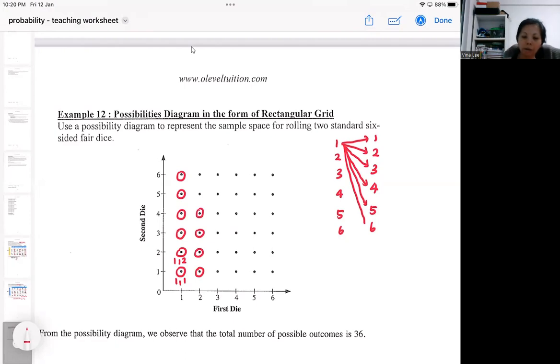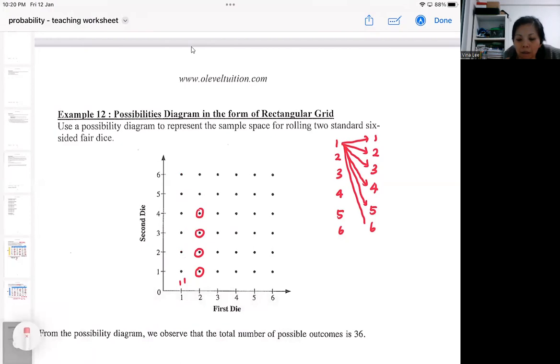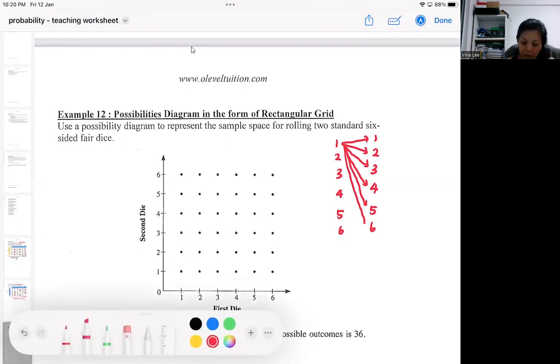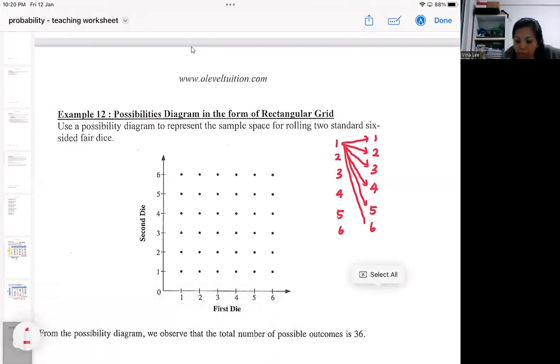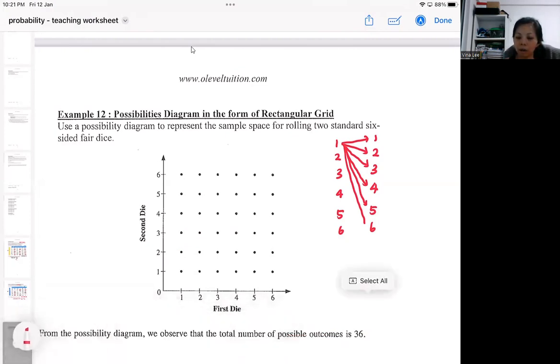So this diagram has been dotted out already. It is the same idea. In this case, there are a total possible outcome of 36. So when you throw 2 dice, there are 36 possible outcomes.